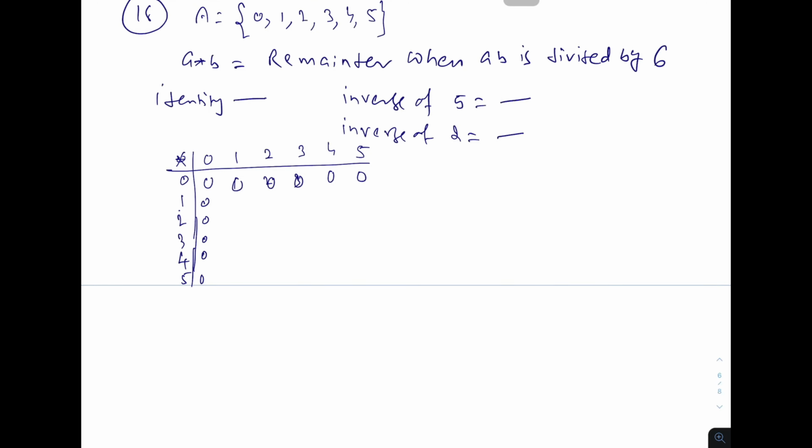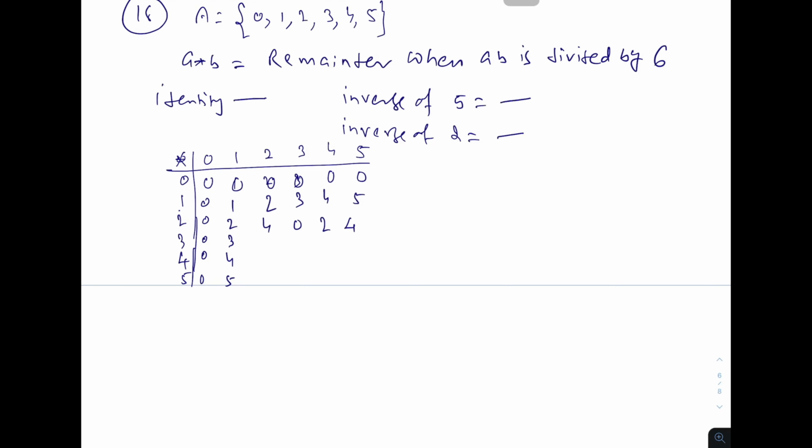Now 1 star 1 is 1 into 1 divided by 6, so that is 1. 1 into 2, 2 divided by 6, the remainder is 2. So 3, 4, 5. Here 2 2s are 4, so 4 divided by 6, remainder is 4. 2 3s are 6, divided by 6, so that is 0. 2 4s are 8, remainder when 8 divided by 6, so that is 2. Similarly 2 5s are 10, so the remainder is 4.